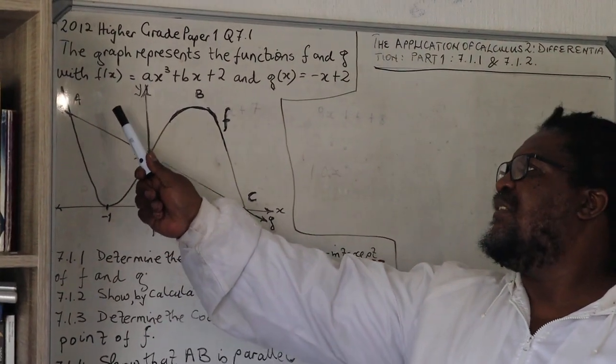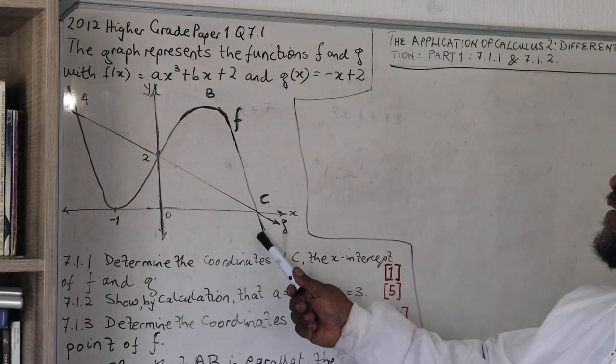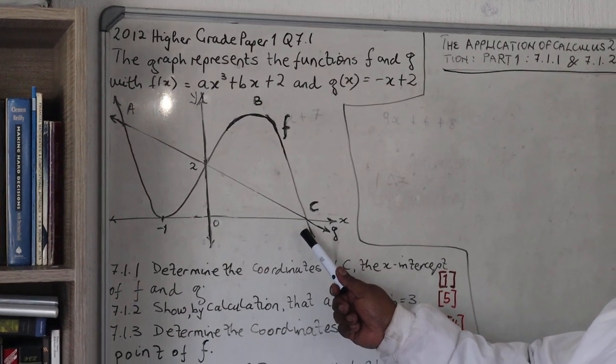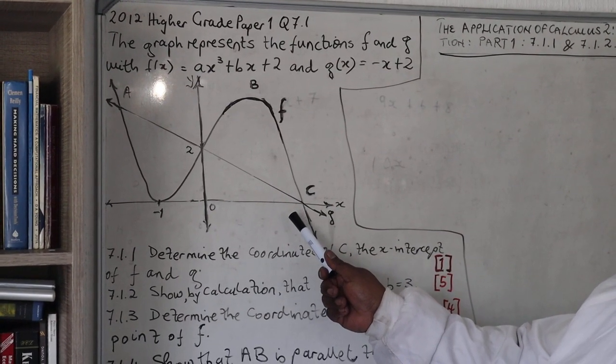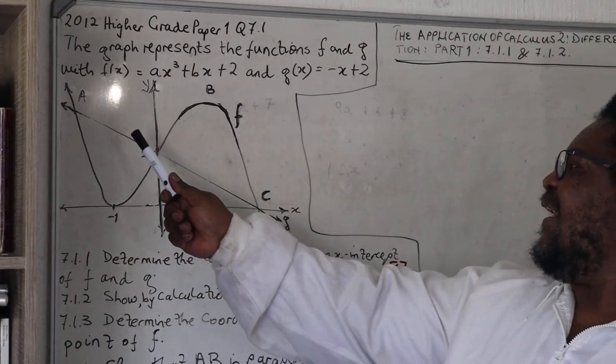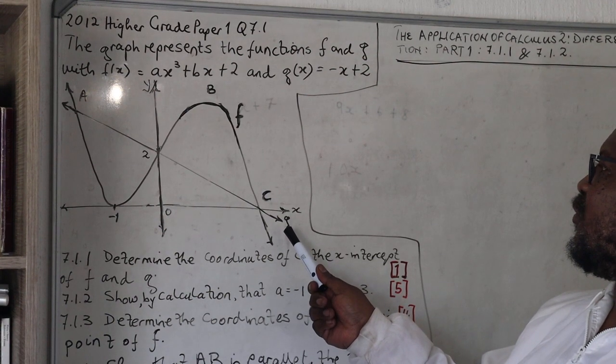We have the cubic function f(x) = ax³ + bx + 2, where a and b are constants to be found. They are not known as yet. And we have the line g(x) = -x + 2.